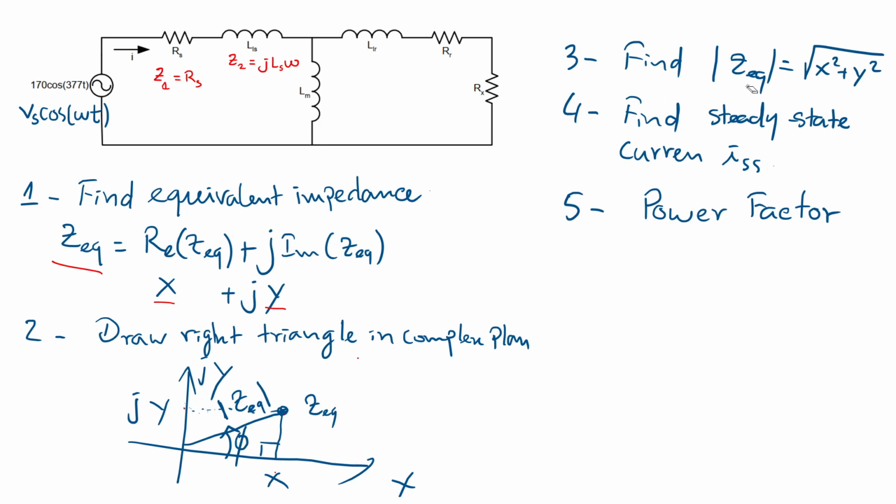Next, step 3, you find the amplitude of the equivalent impedance Z, which is just the square root of this edge squared plus this edge squared, because the absolute value of Z equivalent is this hypotenuse. And then step 4, you find the steady state current. You will see how you get that in the next page. Then step 5, you can easily find the power factor using the formula you learned last week.